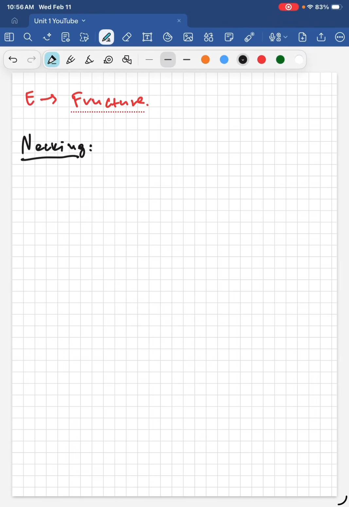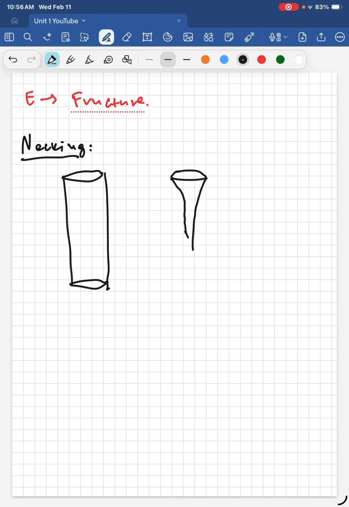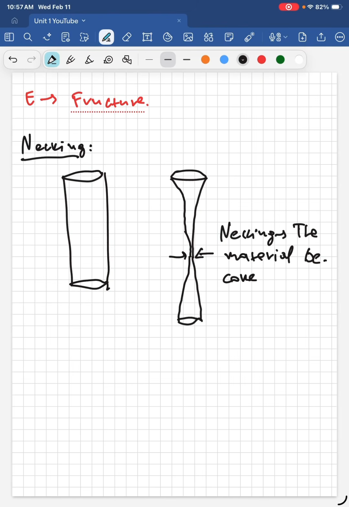So necking is when, this is the material under normal circumstances, but because you stretch it, the material becomes really thin at one point. So this is what necking is.